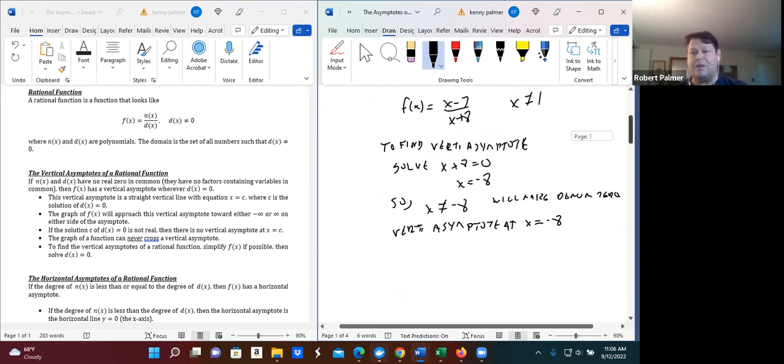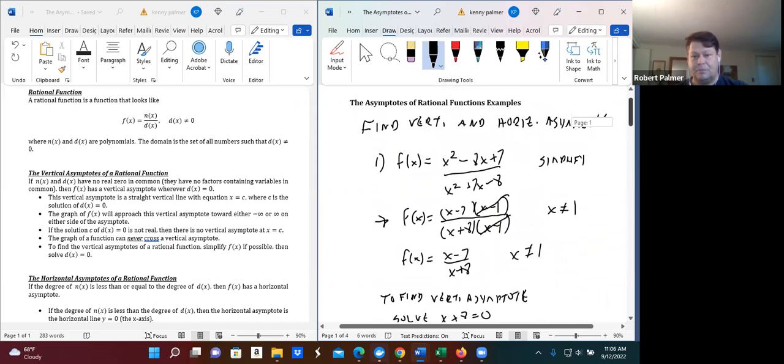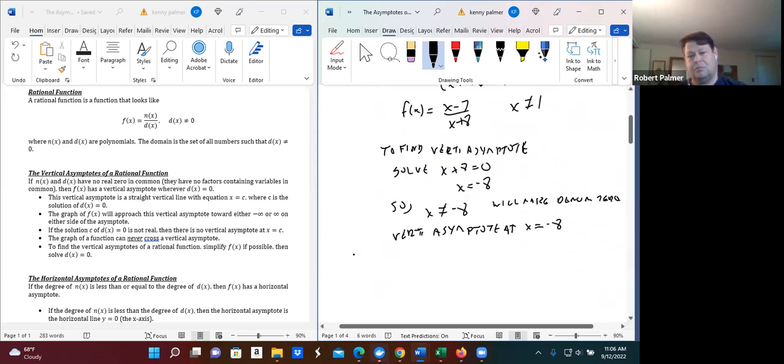Now, let's think about finding the horizontal asymptote. And also what that means.